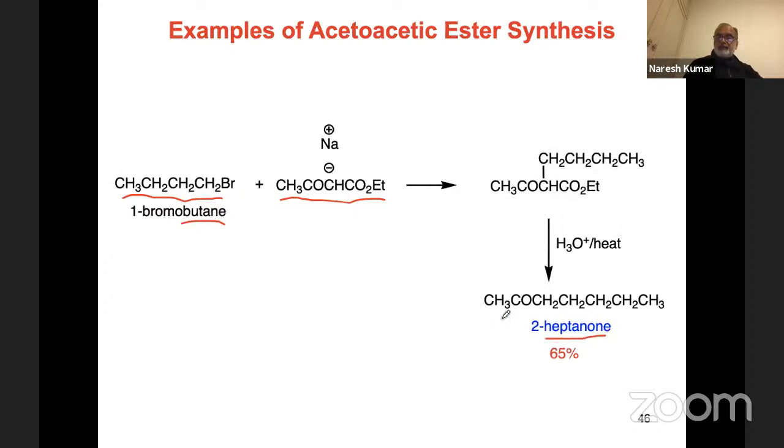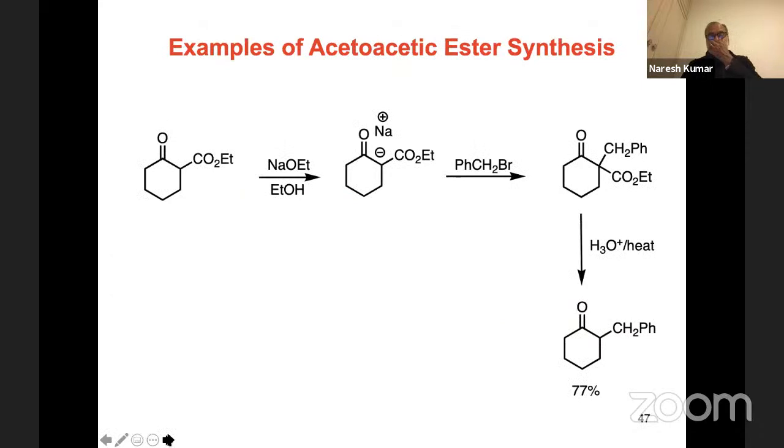Heptanone is 7 carbons, and these 3 carbons in that molecule, CH3, CO, CH2, come from the acetoacetic ester, and the 4-carbon component comes from the alkyl halide present in your starting material. So you get from a 4-carbon to a 7-carbon compound. You converted an alkyl halide into a ketone compound by using this simple carbonyl chemistry.